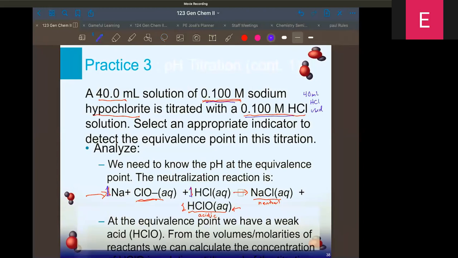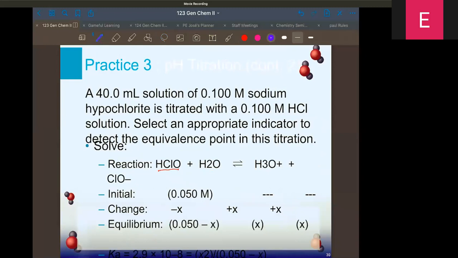So that means that you're going from 40 milliliters to 80 milliliters. The solution is going to be twice the volume of the initial solution, which is 40 milliliters. It's going to turn into 80 milliliters. So instead of being 0.1, you're going to be 0.05 initially.